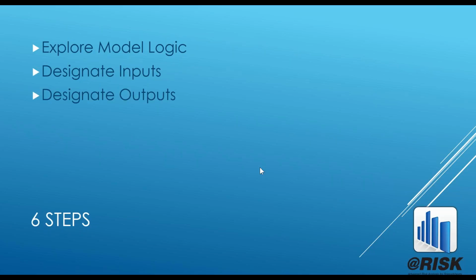After you designate the inputs, you also want to let @RISK know what outputs you are interested in. What are your key factors that you want to take a look at? What are the bottom lines? Is it net present value? Is it cost? Is it completion date? Is it profit? What is it that you are most interested in?